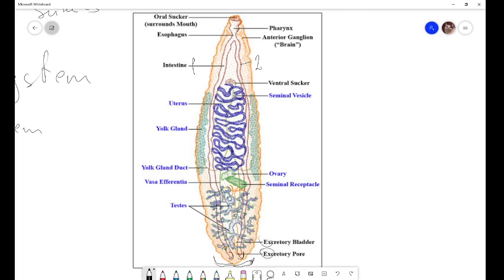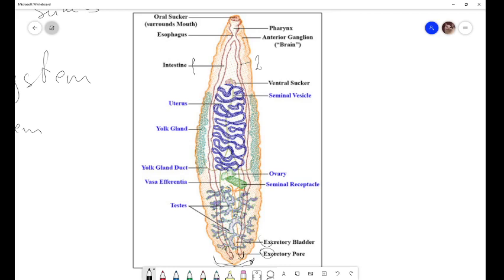Okay, the next one is the genital system. Trematodes are hermaphrodites, but blood flukes, blood trematodes, have male organisms and only female organisms.